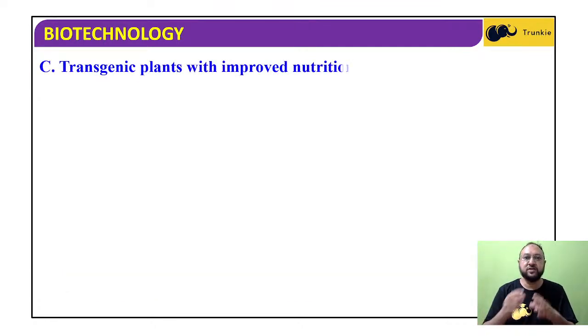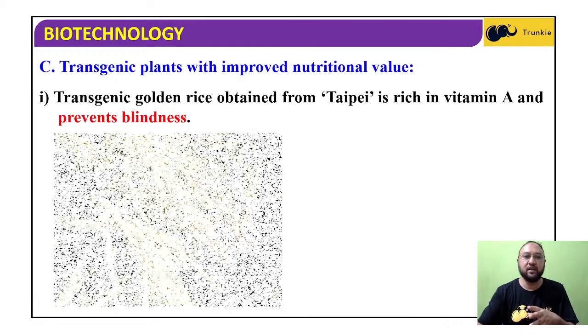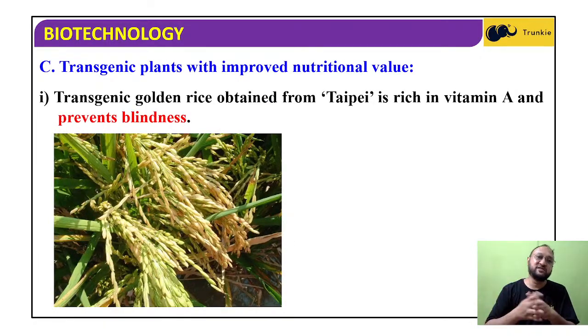Transgenic plants with improved nutritional value are another successful step, because we do not only need the size of the fruits or vegetables, we also need the important nutrients present in the food or the crops that are grown. From that point of view also, transgenic plants are grown, and the transgenic golden rice, obtained from type A, is rich in vitamin A and prevents night blindness.